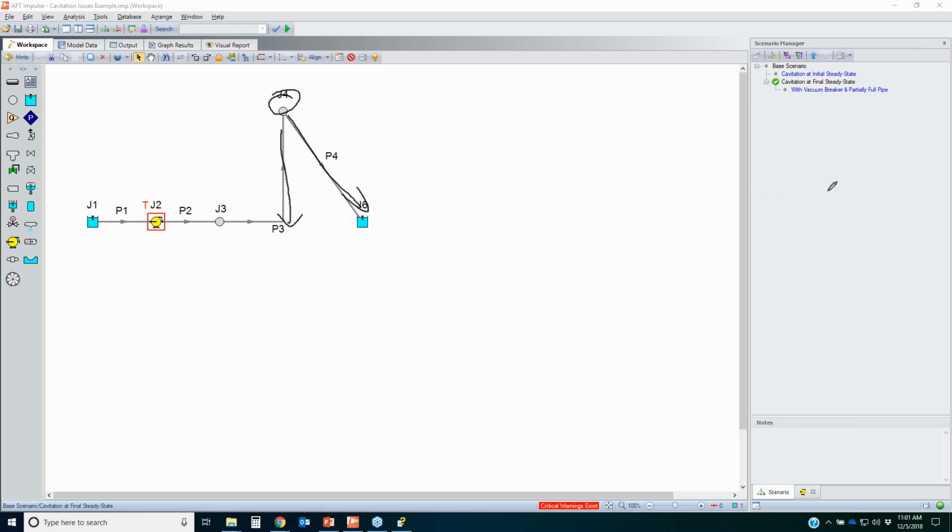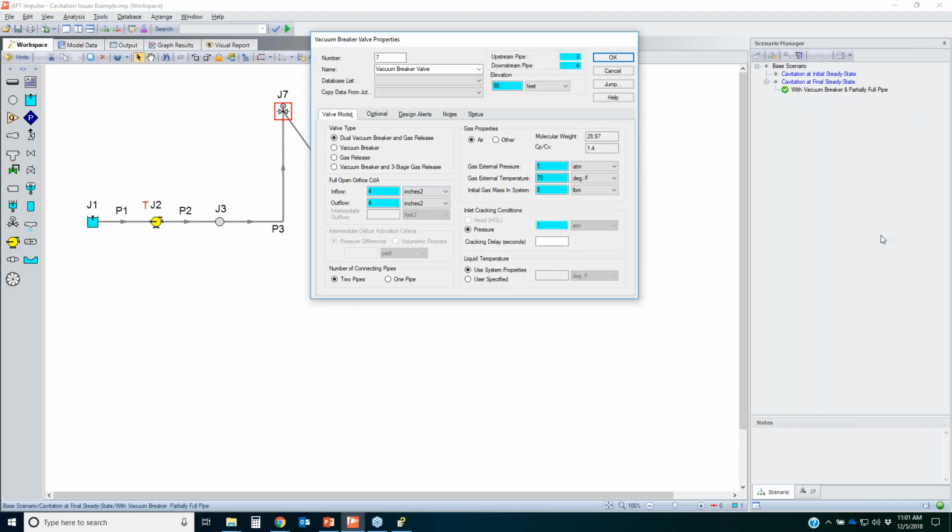There is a way that you can get close to approximating an idea of what this behavior would look like. What I have done is I've created this scenario where I used a vacuum breaker valve junction, and this is going to be a valve that pops open when pressure at that high point drops below my atmospheric pressure, and it'll allow air into my system.